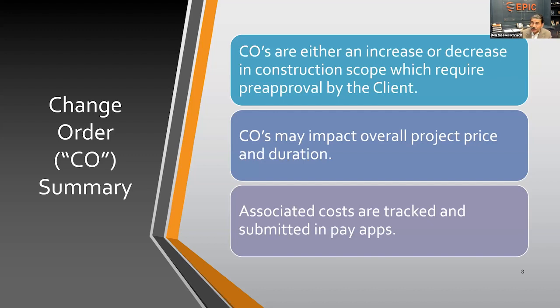Now, they're either going to be an increase or a decrease in construction scope, and it has to have pre-approval by the client to be considered valid. If the contractor does work beyond what is already contracted for, increasing scope for whatever reason that's not pre-approved, usually there are provisions within any contract saying that the contractor is moving into uncharted territory, so to speak, and the client is not under any obligation to pay for those.